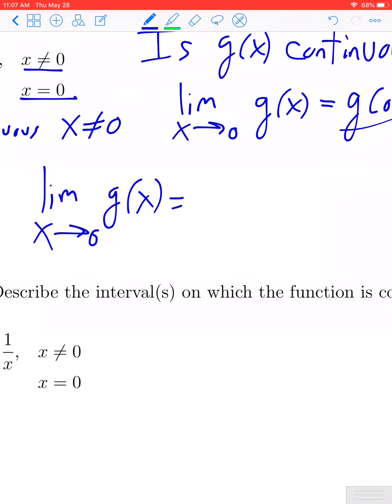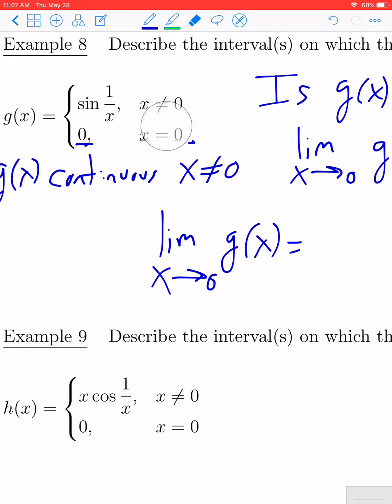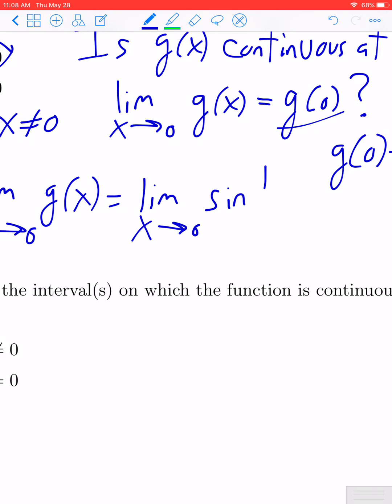Remember, when x is approaching 0, we can look at either the left-hand approach or the right-hand approach, but we're looking at values that are getting closer to 0 but are not equal to 0. And if we're approaching 0, that means we're not at 0, so that limit is going to involve this portion of g. So the limit as x approaches 0 of g of x is the limit as x approaches 0 of the sine of 1 over x.